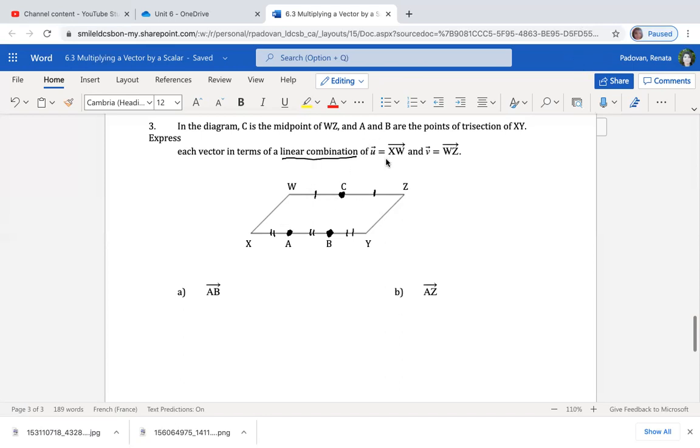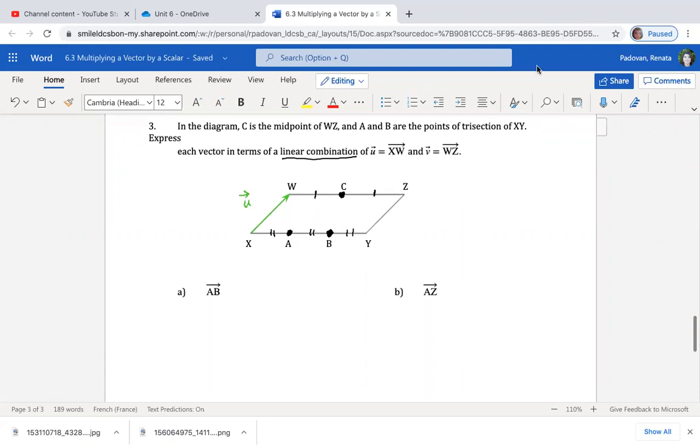So starting at X as the tail, let's do this as an actual straight line, and going to W. It is important that you know the direction here. Head to tail is vector U now, because everything that we're writing out for A, B, C, and D is going to be a linear combination of U and V. So we're just changing everything around to be in terms of U and V now, is the point.